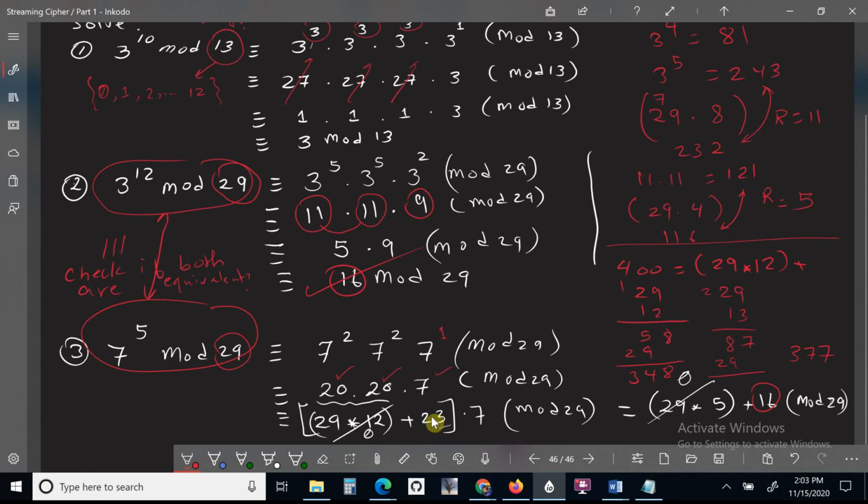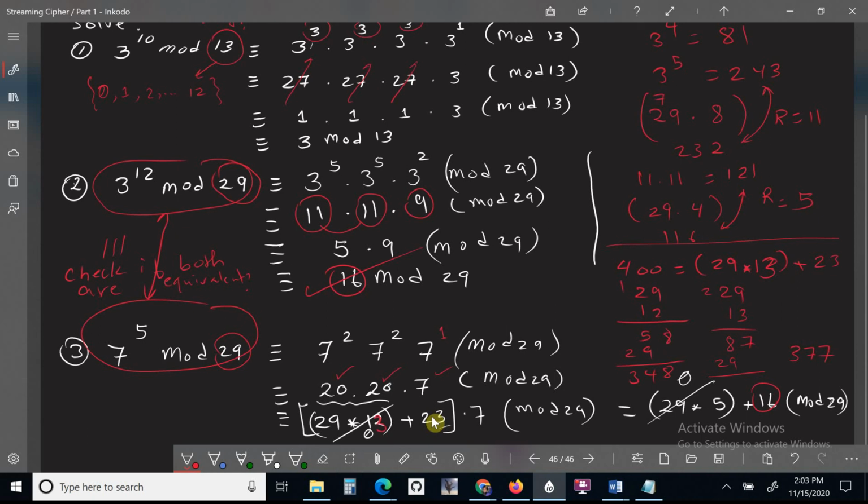So it's not 12, it's 13. So this should be adjusted to 13, and the remainder is actually 23. This is exactly what I did, because this is when you do the modulo of this number here.